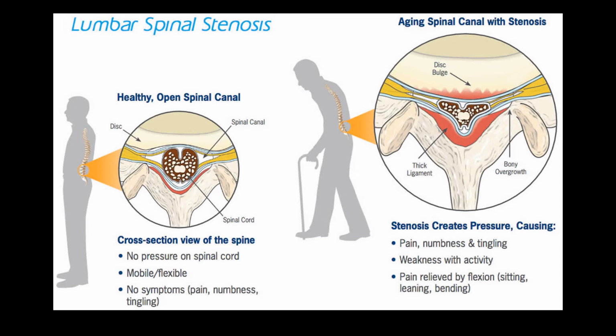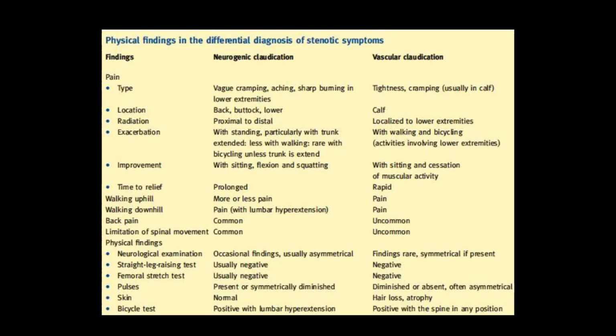And again, extension activities are going to bring on that pain, numbness, and tingling. They're going to note with walking their legs may feel weak or cramping, and the pain is going to be relieved by flexion, primarily because we're opening that canal that's been narrowed based upon some of those pathoanatomic changes.